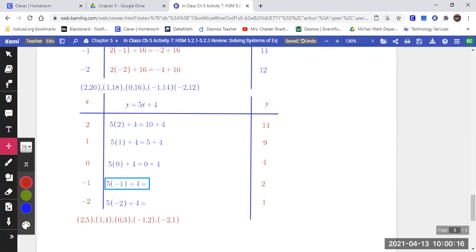What's our next one? 5 times -1, what would we get? What's 5 times a -1? Do the math. 5 times -1. -5 plus 4. So what is the answer over here going to be?